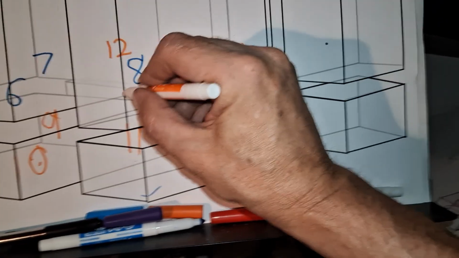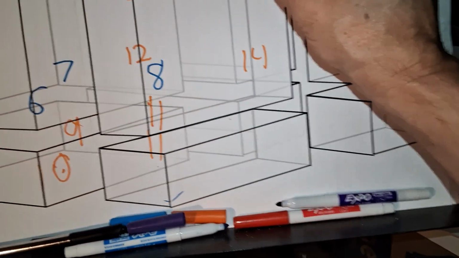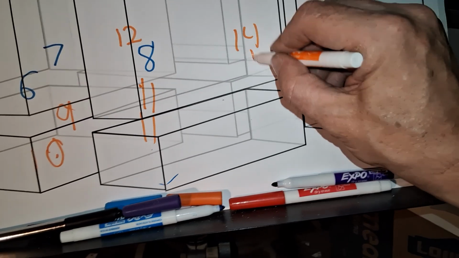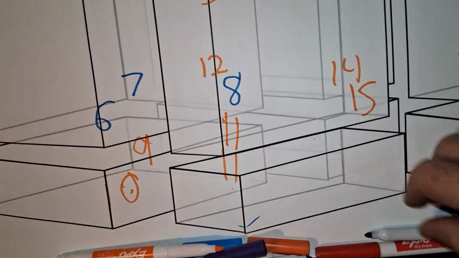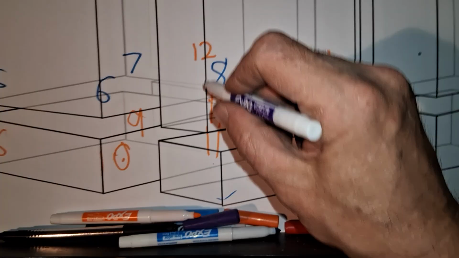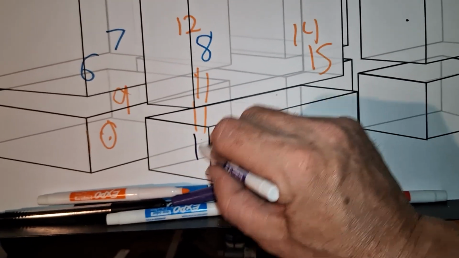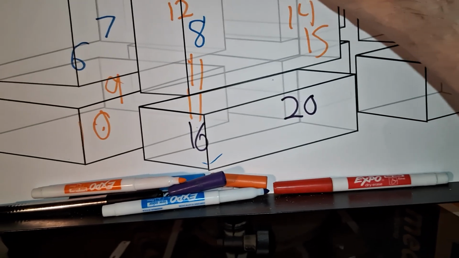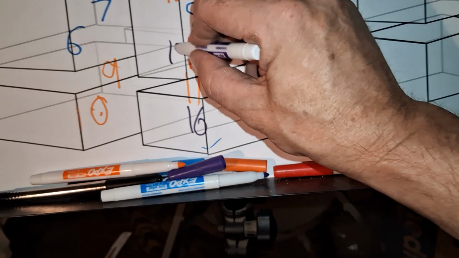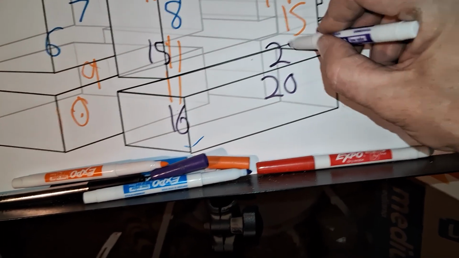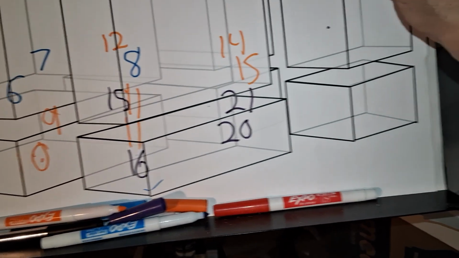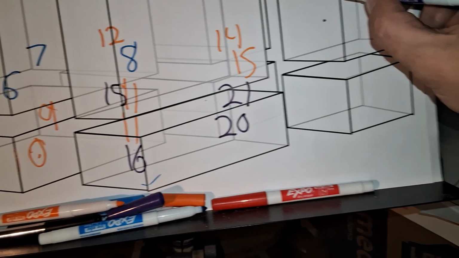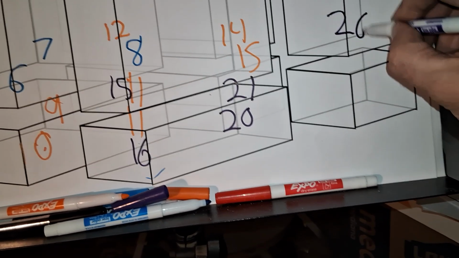Oh, I forgot this one, slab. 5, 11, 5, 15, then these slabs, 16, 20, just right here, 16, 20, 15, 21, and right here, 10, 26, I believe.